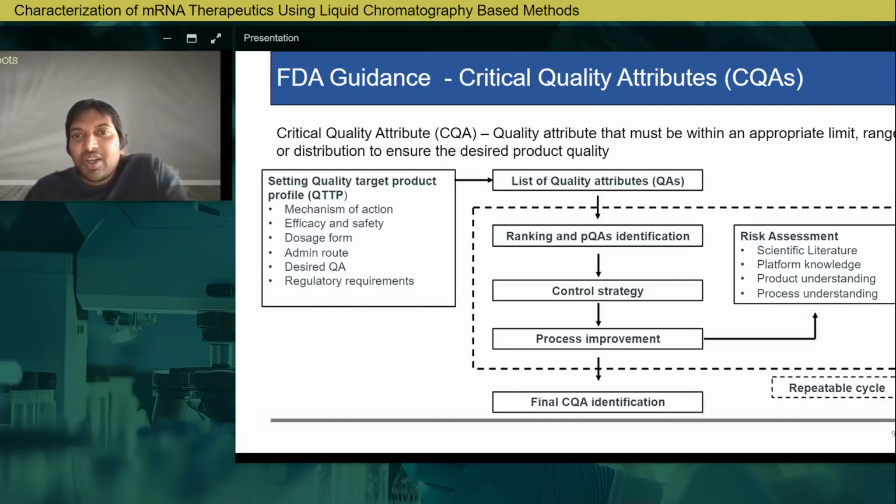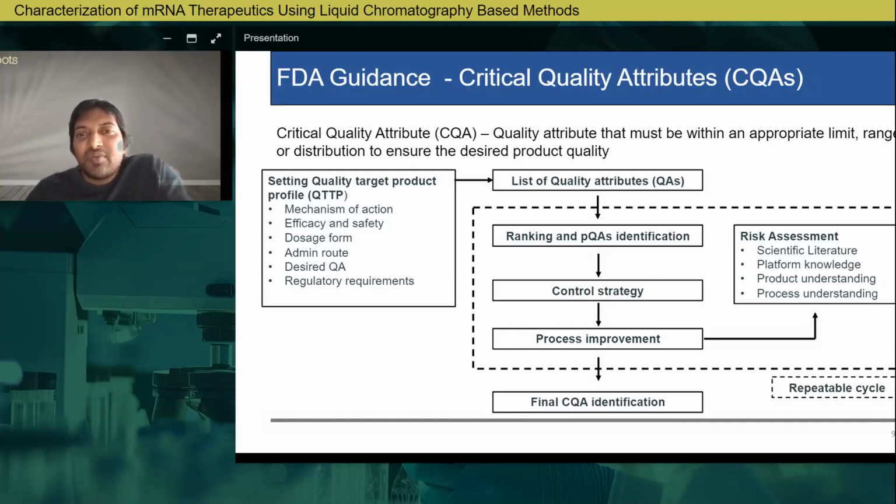And once we rank them, we generate a quality control strategy for each of them, like what specific limit or range this quality attribute will be valid for the product.